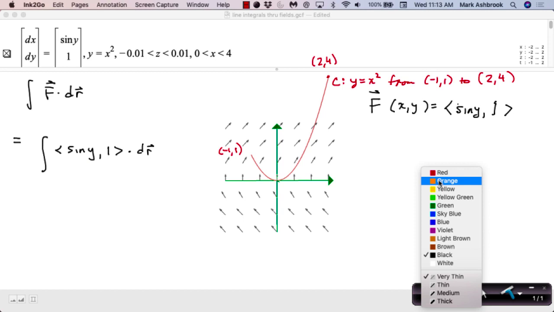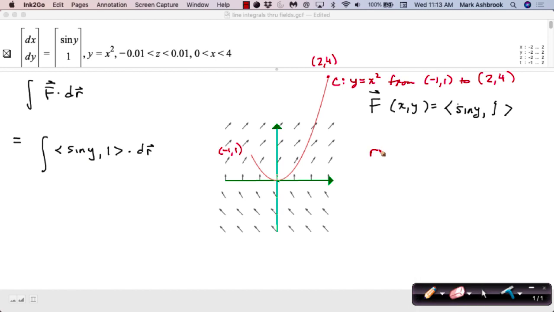And what's the most natural way to do that? If it's circular, the natural thing to do is, remember, sines and cosines. Here I just have a function of x that's not circular. Y is equal to x squared, so we have that very helpful technique of just make x equal to t, and then y will be t squared.